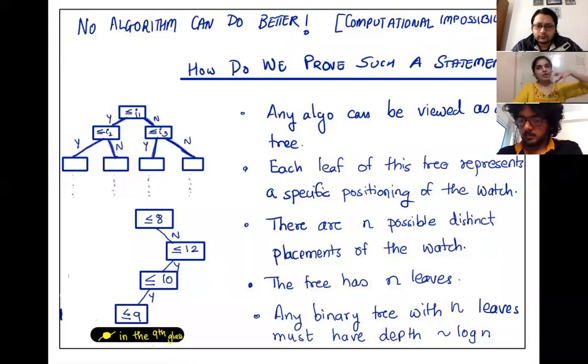You abstracted out all these algorithms into a combinatorial object, in this case, a simple tree. And then using combinatorial properties of that object, you were able to argue about the behavior of all possible algorithms that look like that combinatorial object. And this is usually how lower bounds are proved.